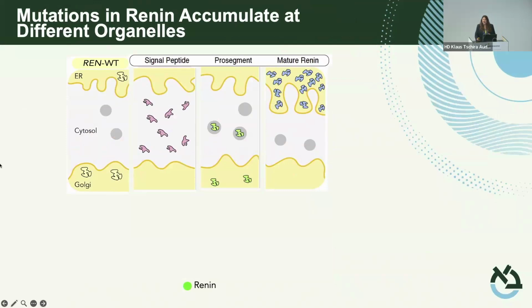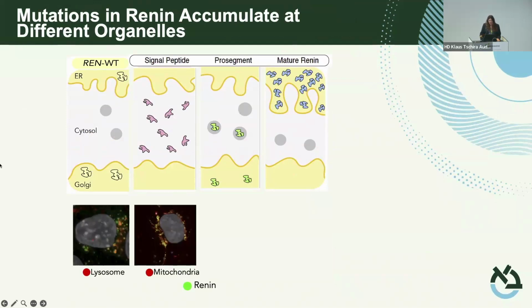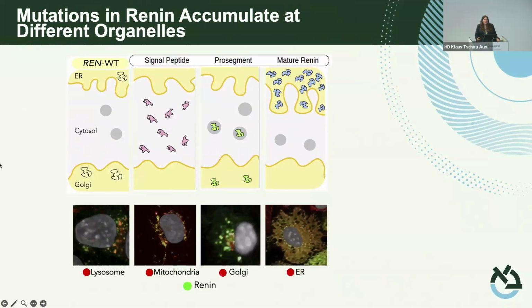Each mutant is mutated in a different place along the gene, will be accumulated in a different organelle and give a different kind of disease. So you see these 4 cell types indeed accumulate in different places in the cell. It can be in the ER, pre-ER, post-ER, Golgi, lysosome, and more.